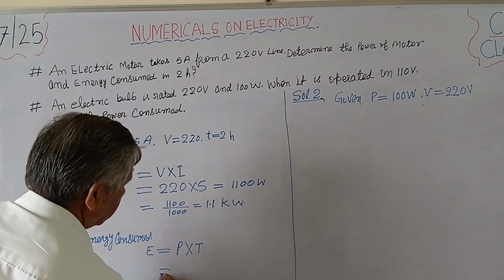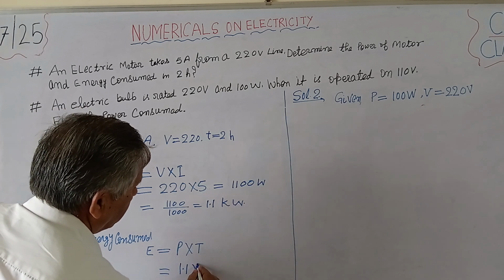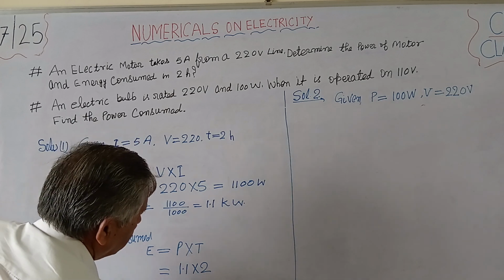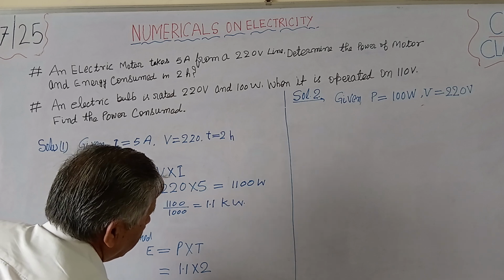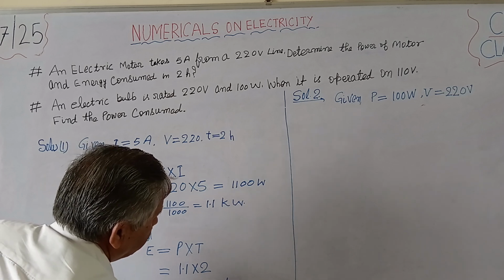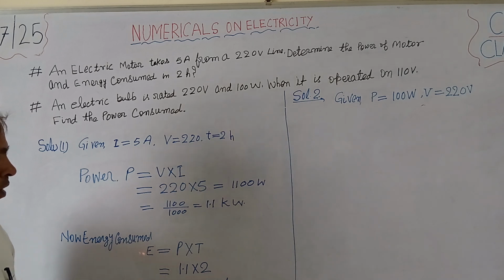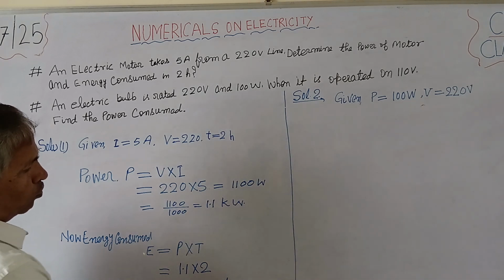The power drawn is 1.1 kilowatt into time 2 hours. So this will become 2.2 kWh, because here hour has been multiplied with kW. So this becomes the energy in terms of kWh, kilowatt hour. So energy consumed is 2.2 kilowatt hour.